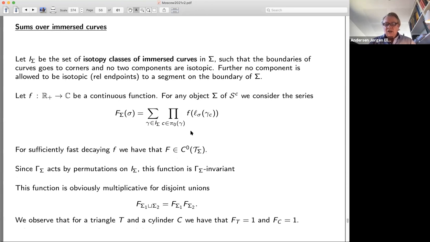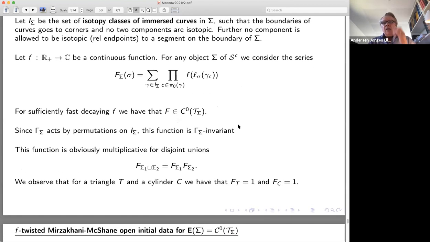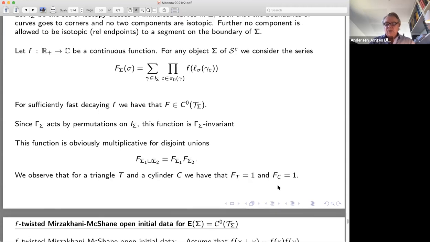So we consider a function where we sum over all immersed curves, all closed immersed curves. We take some function of sufficiently fast decay, apply it to the lengths, and sum, just like before. We take the product for disconnected surfaces, and we start with the function 1 for a torus, 1 for a triangle, and 1 for a cylinder or teardrop.